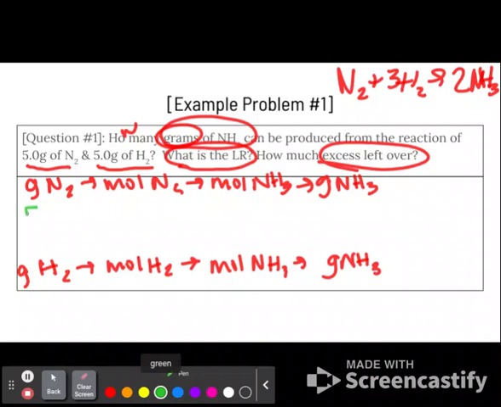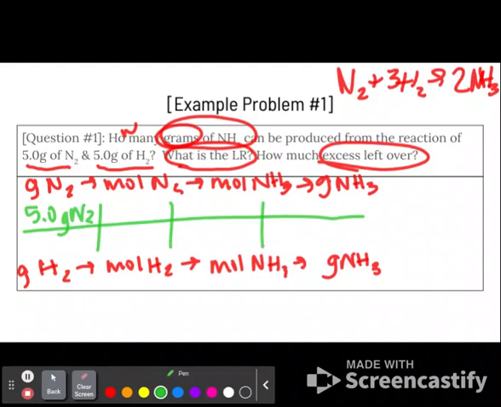So we have 5 grams of N2. And as you'll see, I'm going to work through the H2 very quickly because it's going to look exactly the same. We have N2 on the bottom, moles of N2 up top. Comparing mole to a different unit, so we've got 1 mole of N2 for every 28 grams of N2.